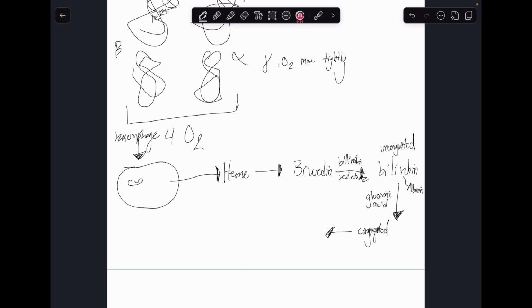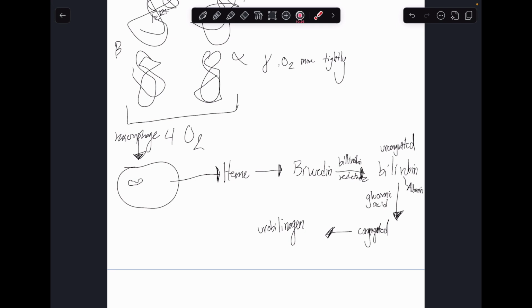And then when it gets into our colon, there's some bacteria that eat that conjugated bilirubin, and it'll be metabolized to get off that glucuronic acid, and then it'll turn it into urobilinogen.